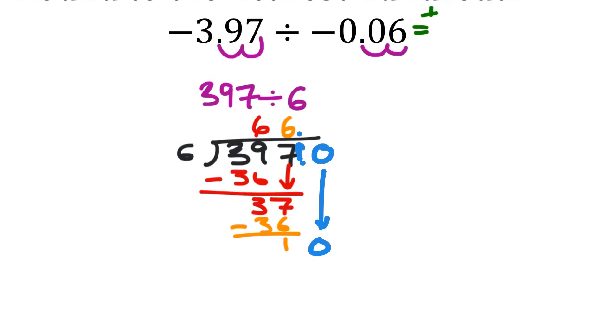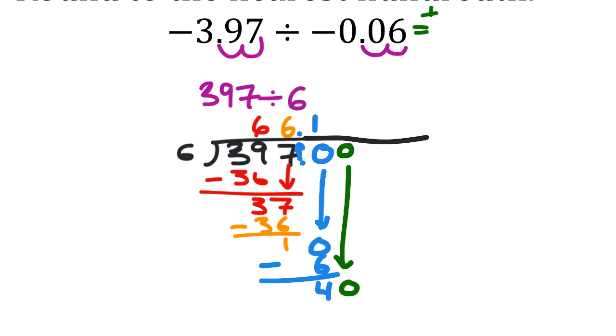How many times will 6 go into 10? 1 time. So 1 times 6 is 6. I got to subtract there. It's 4. Well, 4 is no good. But if I make it 40, that's going to work. So again, I've tacked on another 0. And we'll only go so far in this one. How many times does 6 go into 40? Let's see, 6 times. Okay. 6 times 6 is 36.